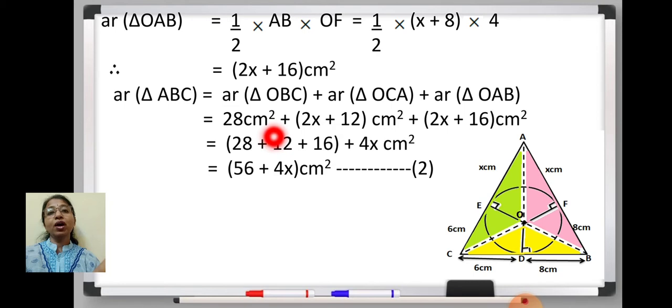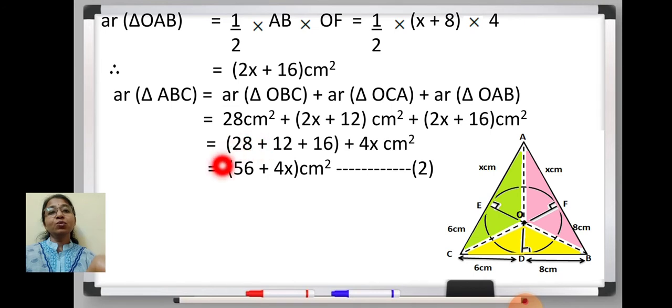All the values you have: 28 centimeter square plus 2x plus 12 centimeter square plus 2x plus 16 centimeter square. Now collect the numbers together, numericals. So 28 plus 12 plus 16 in one bracket and the variable 2x plus 2x, which is 4x, right? And the addition of this bracket is 56 plus 4x centimeter square. Give this as equation number 2.